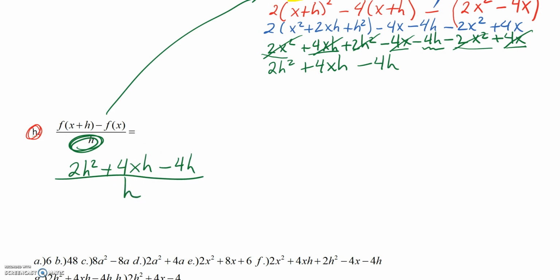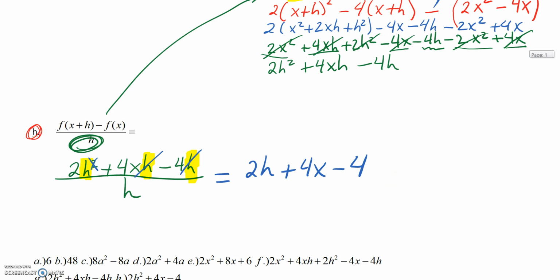What you should notice is that each one of the terms in the numerator has at least one factor of h. In fact, the first term has two of them, so there's going to be one left over. One factor is going to cancel out on top with the bottom. After simplifying, you'll just have 2h plus 4x minus 4. These h's will cancel out, and one of the h's will cancel out in the first term. And you're done.